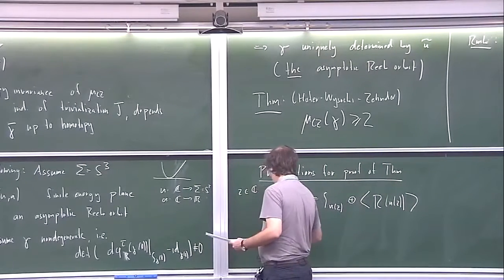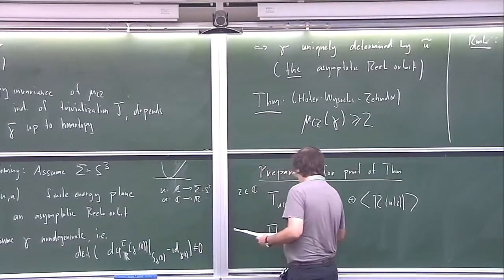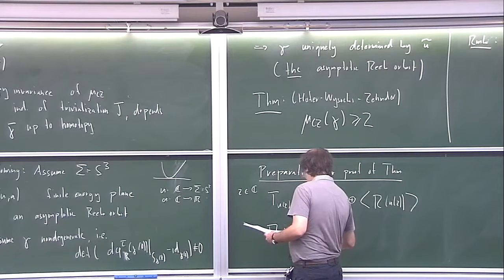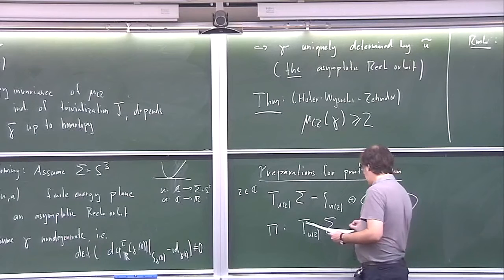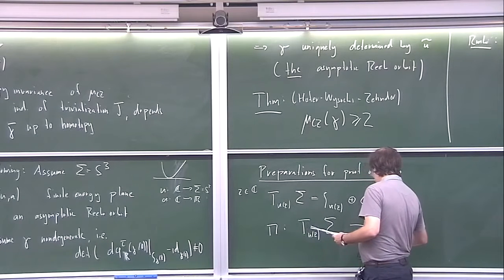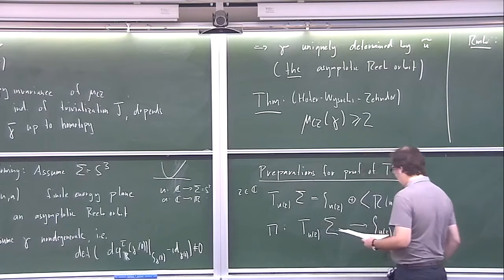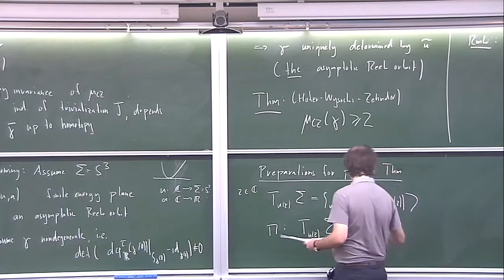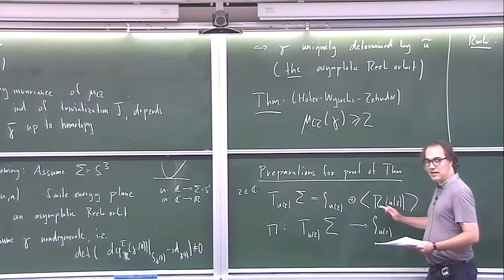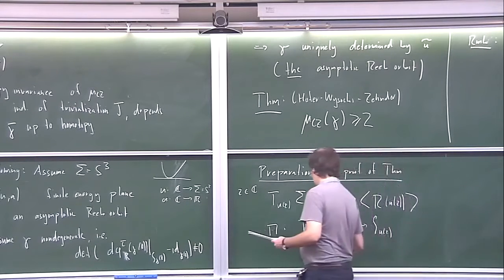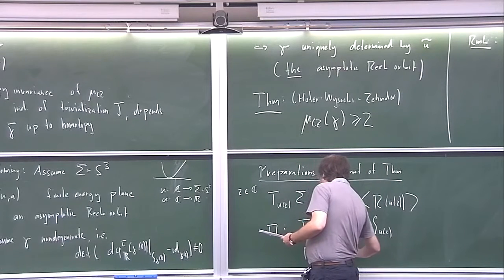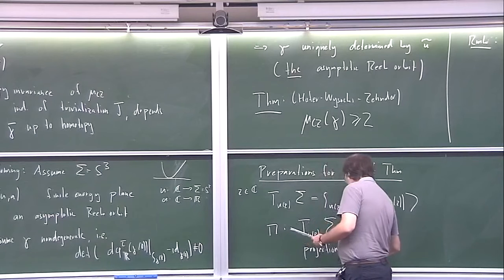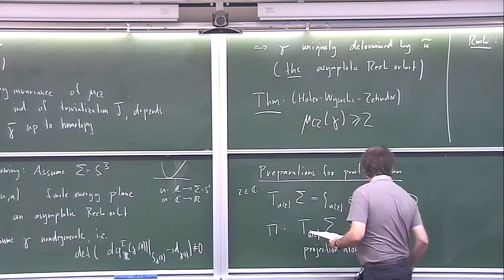And we let pi be the projection from this tangent space to the hyperplane distribution, so projection along the Reeb direction.